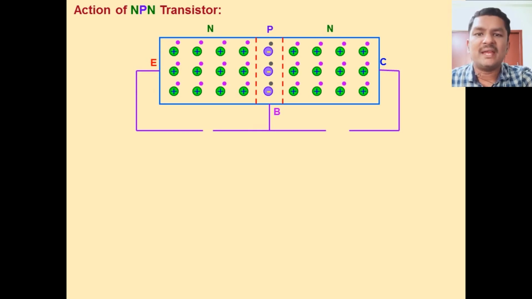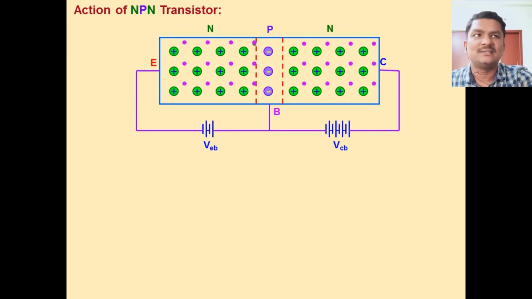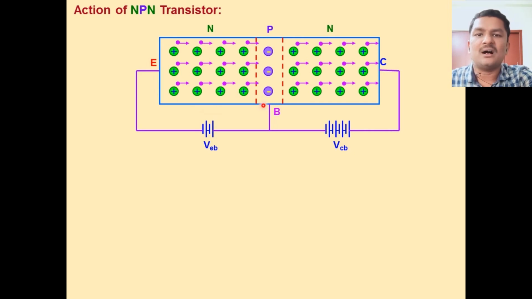So to an external circuit, a transistor can be connected in a way that the emitter base junction is always connected in forward bias condition. The base collector junction is always joined in reverse bias condition.